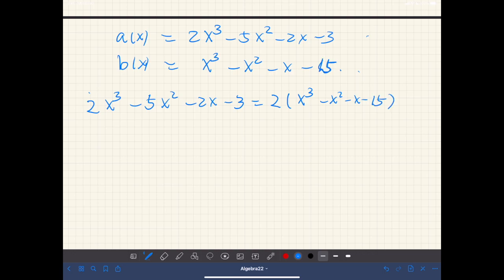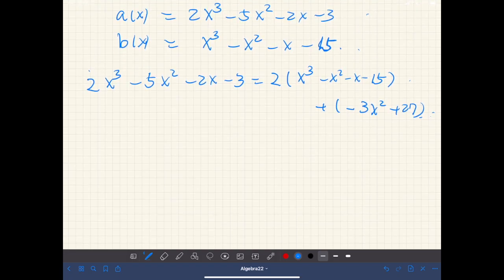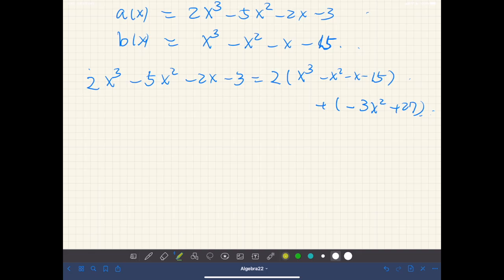Okay. And the remainder is minus 3x squared plus 27. You should verify this by using, for example, just expanding this or by long division. Now, this part is A and this part is B and this part is the remainder.